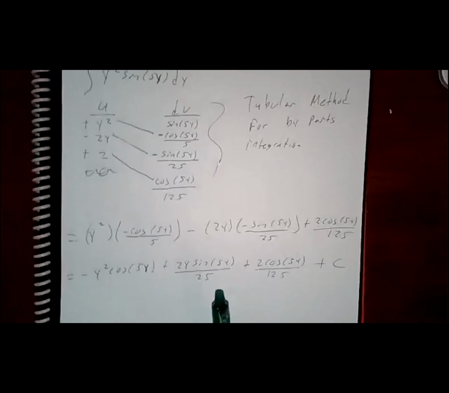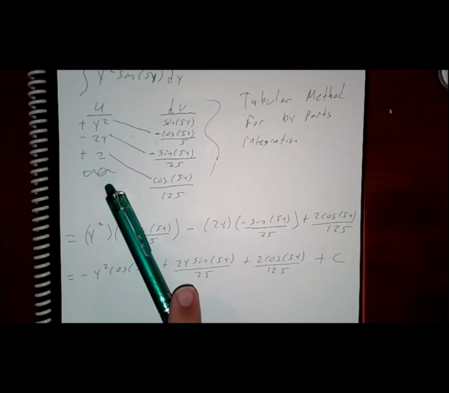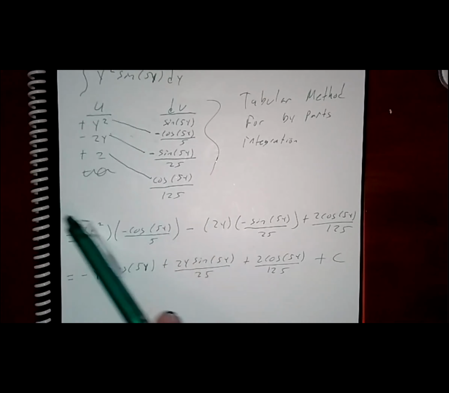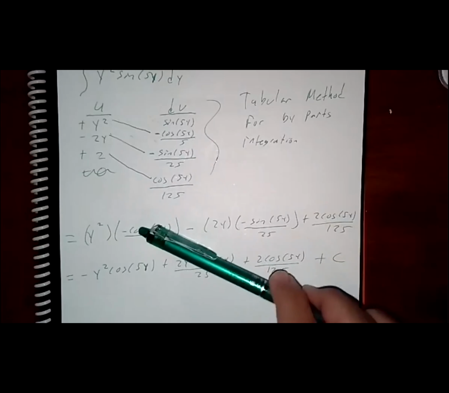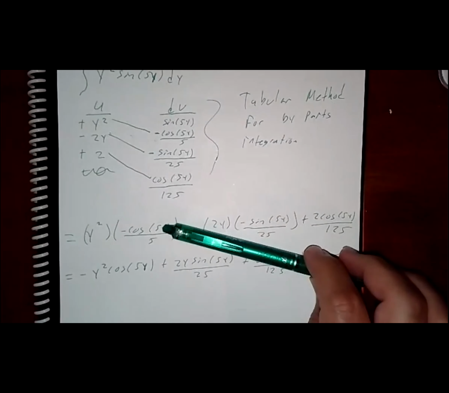So some people like this one better. The only time it gets a little difficult to use is when this doesn't disappear. You see how this goes to 0? If this keeps cycling forever, then you need to stop when it repeats itself, meaning you keep going until you end up with what you started with.